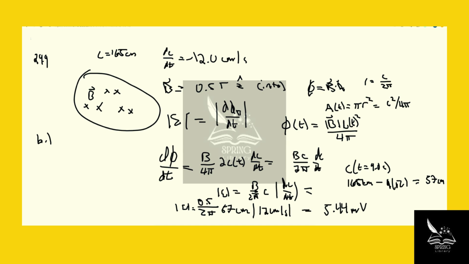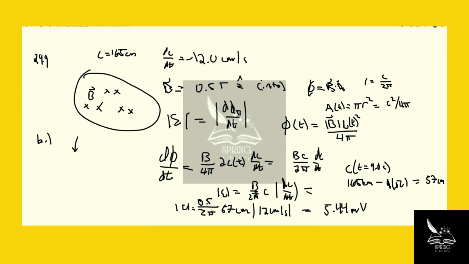Part B asks: find the direction of the induced current in the loop as viewed looking along the direction of the magnetic field. If we're looking in the direction of the magnetic field, the positive flux is decreasing in magnitude.